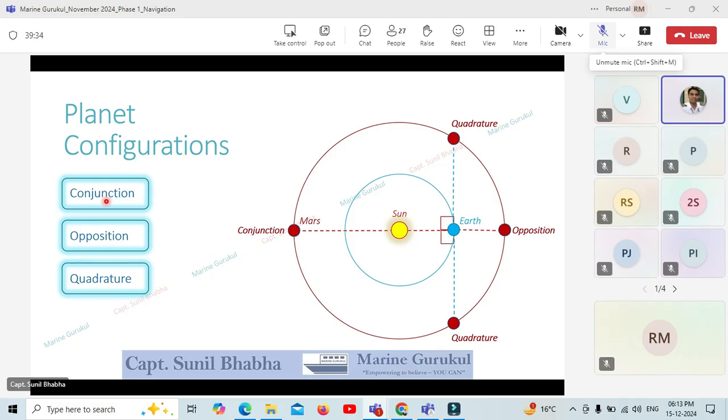So conjunction means the sun and a particular planet are in the same direction, or the angle between them is 0. Opposition means that the directions in which the sun and a particular planet are, are exactly opposite to each other, or the angle between the sun and that planet is 180. And quadrature means that the direction in which the sun is, is 90 degrees away from the direction in which the planet is, or the angle between the sun and the planet is 90 degrees.